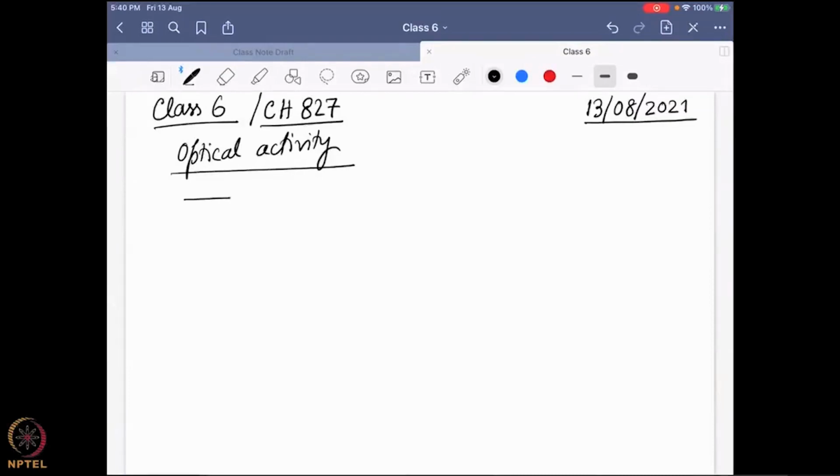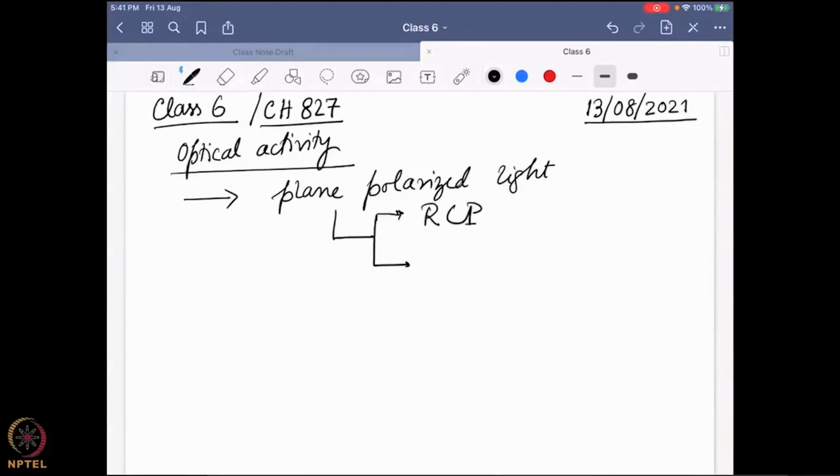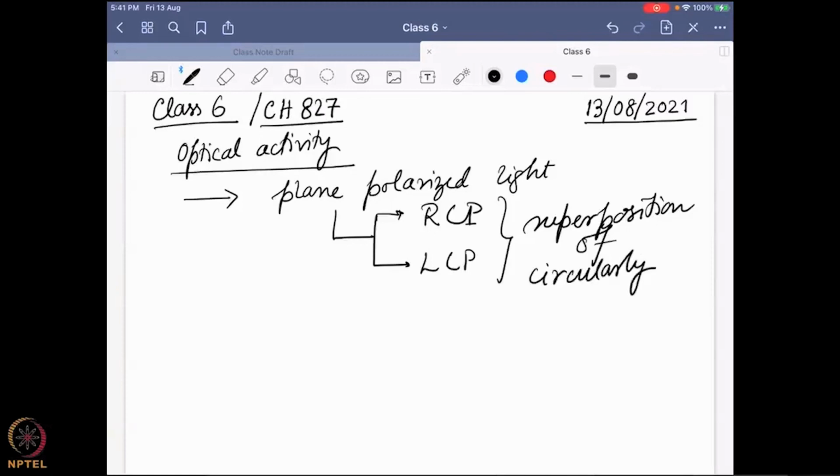That for optical activity we generally look into plane polarized light, and we figured out that this plane polarized light can be written as a superposition of right hand circularly polarized light and left hand circularly polarized light. So it can be explained as a superposition of circularly polarized light.